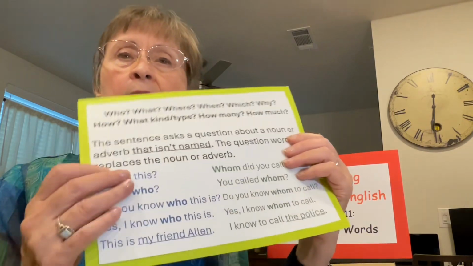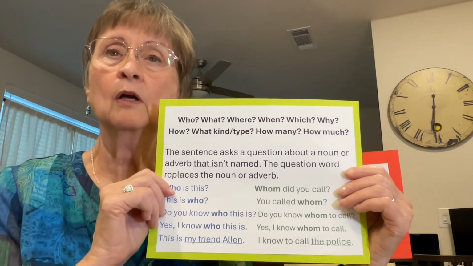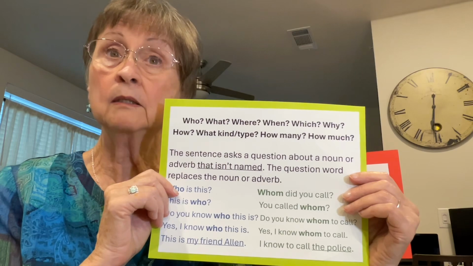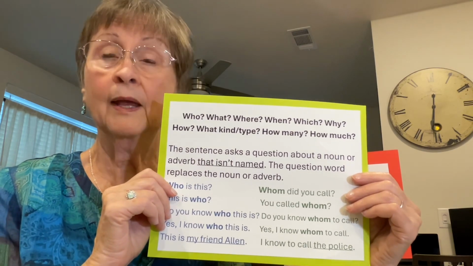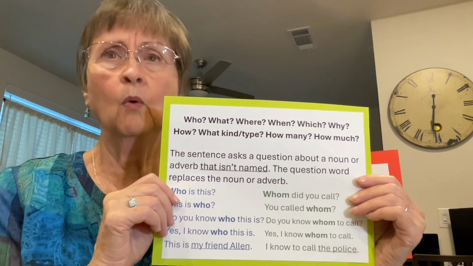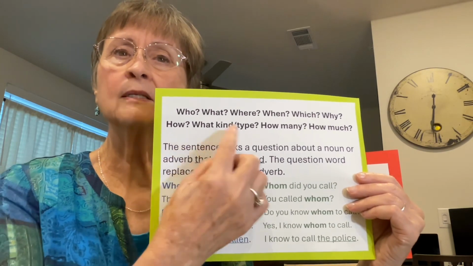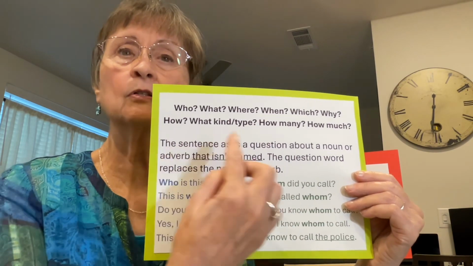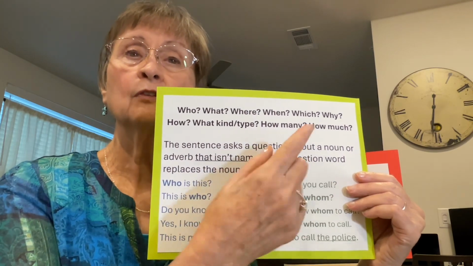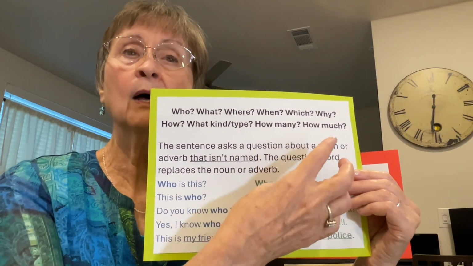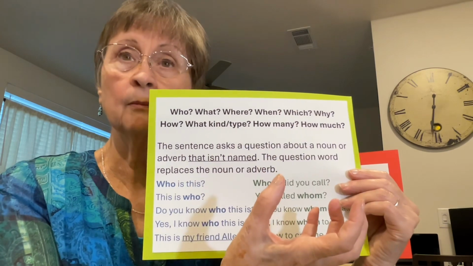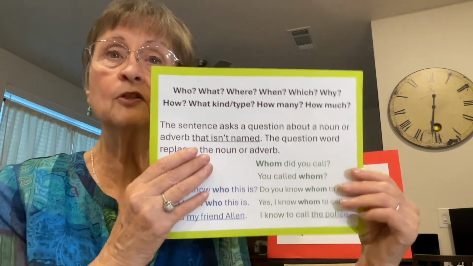But now I want to look a little bit closer at the question words. Who, what, where, when, which, why, how, what kind or what type. We expand how to how many, if you can count them, or how much if it's just the volume of the thing you're questioning.